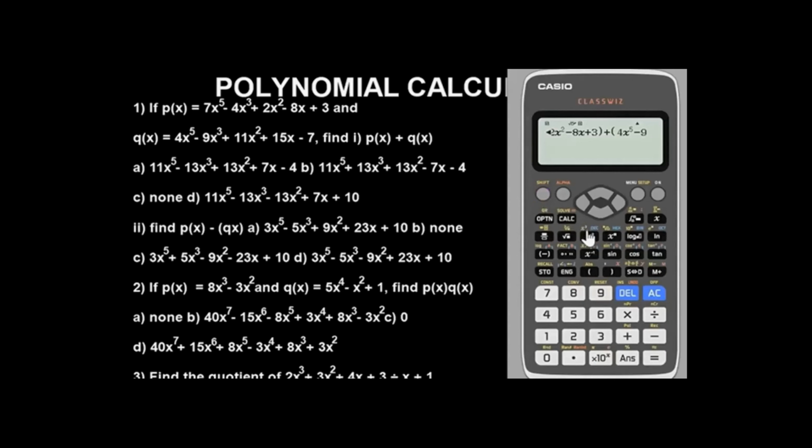You can choose to press shift and this to bring out the power. Then plus we have 11x squared, we press shift this, sorry guys, I didn't put x, then press this.